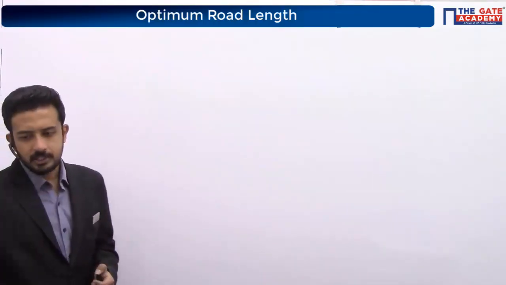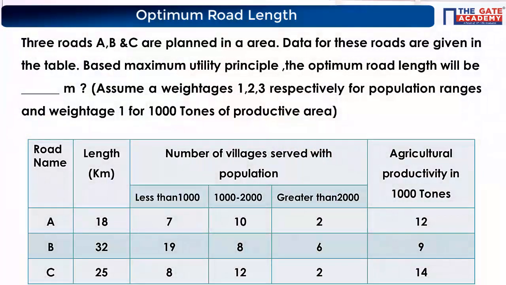So now, see, we are just grouping the population which is being served and the productivity that each road is serving. What you are understanding from the table, first read the table. 3 roads are there which have 18, 32 and 25 kilometers length.